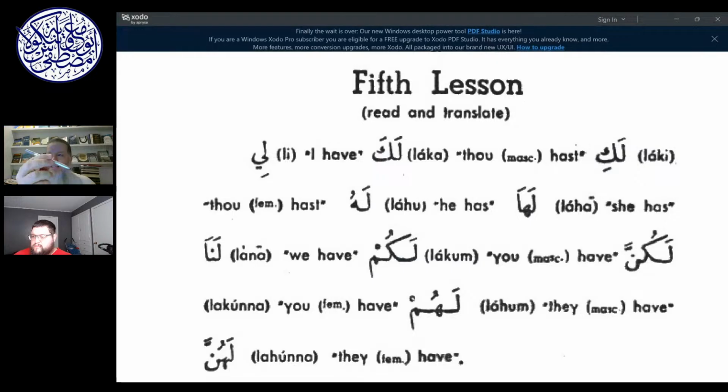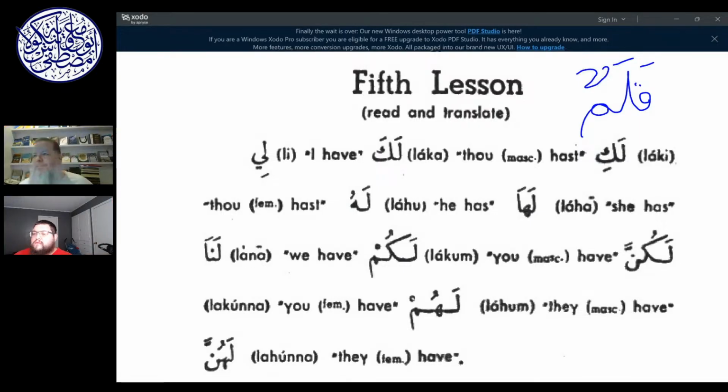This is a qalam. You see the screen? Can you see my screen? Oh, yeah. Hada qalam. Qalamun. Qalam. Right? Yeah. Ink pen.